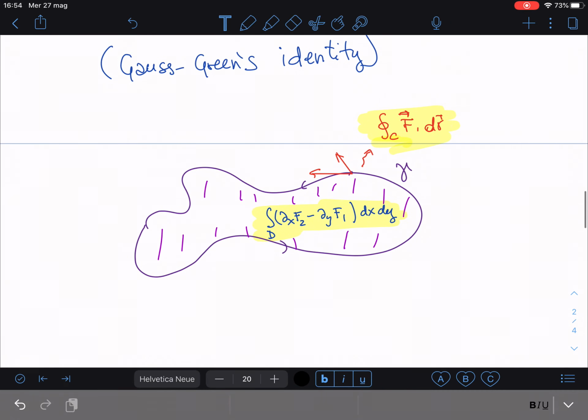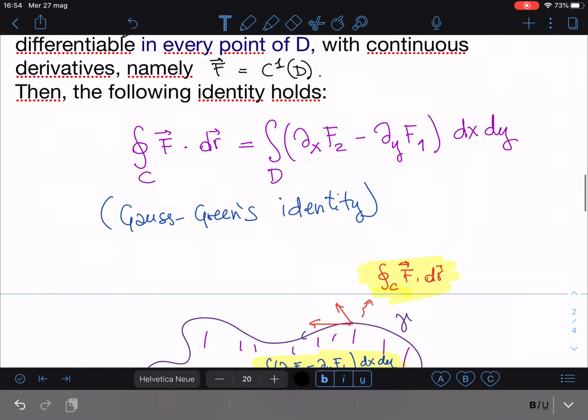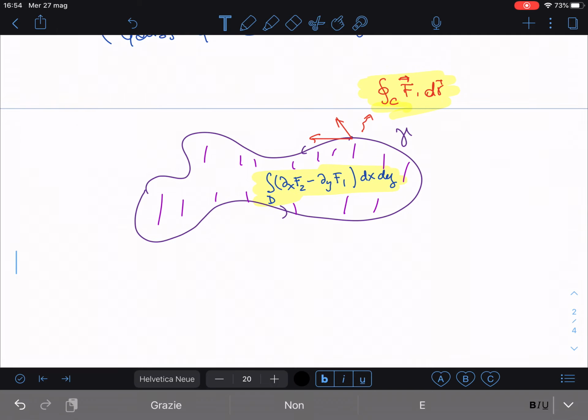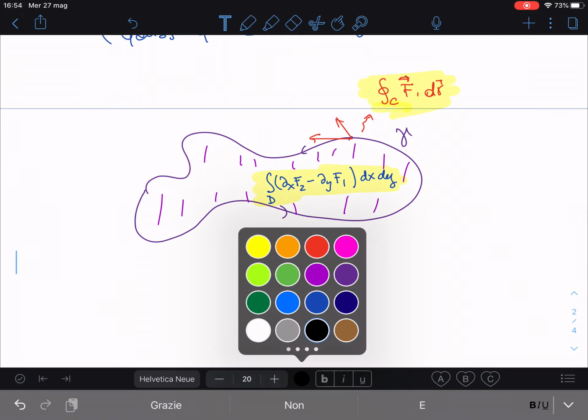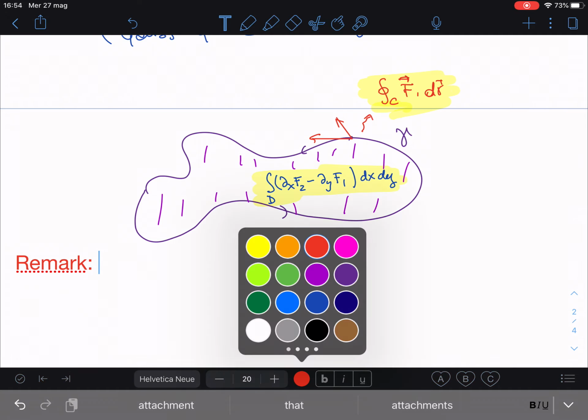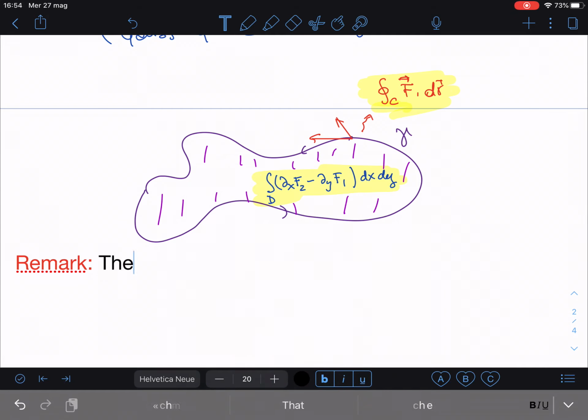Otherwise, there is a sign arising. And another thing that I want to stress is the following, an important remark that says the boundary can be more complicated.